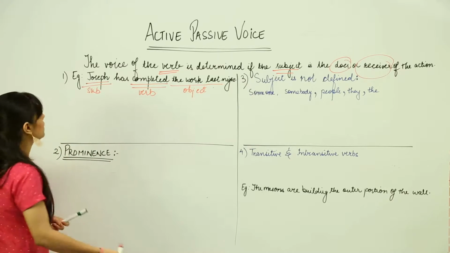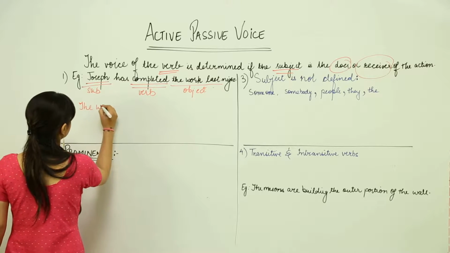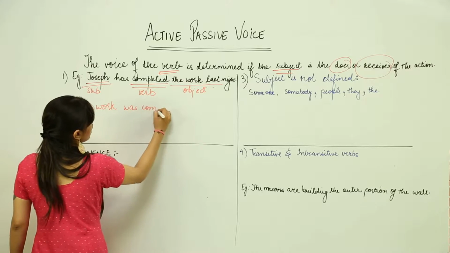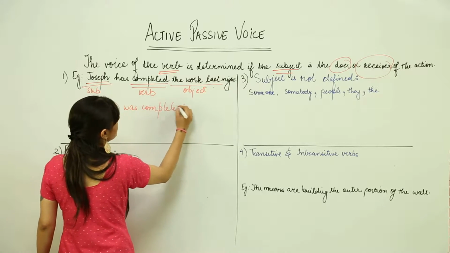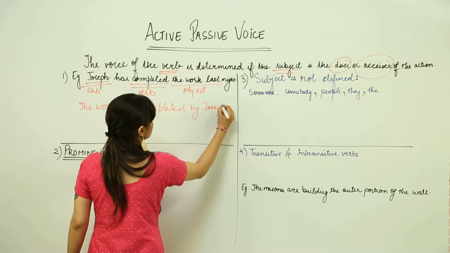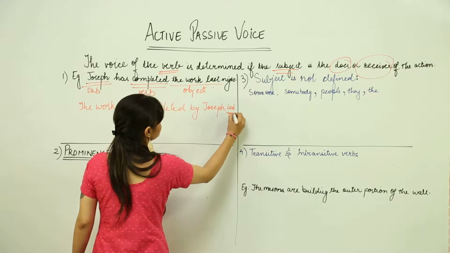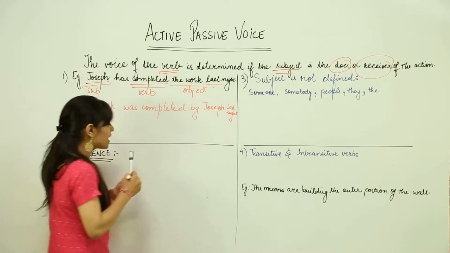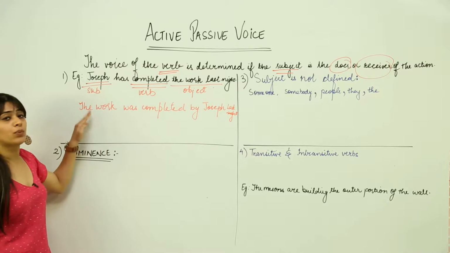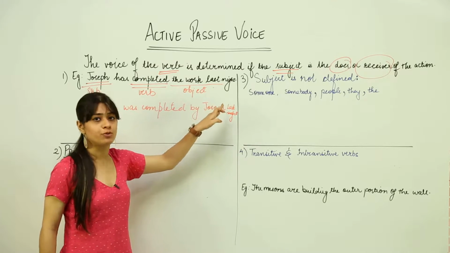Now let's see this in the passive voice. The work was completed by Joseph last night. Now you can see clearly that the object has been replaced with the subject here, and the subject has taken the place of the object.